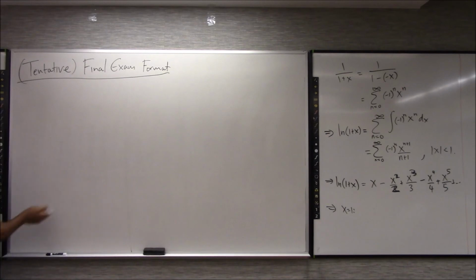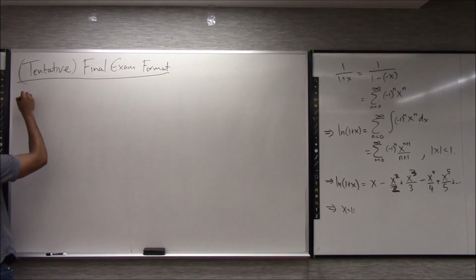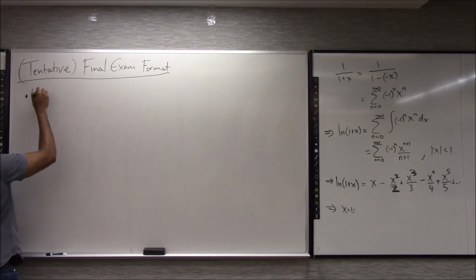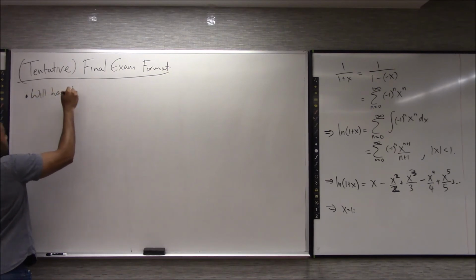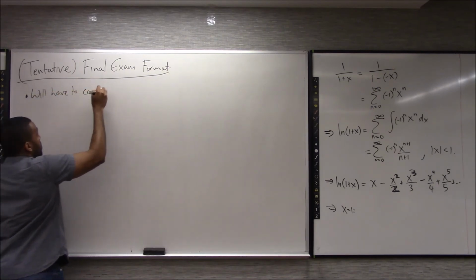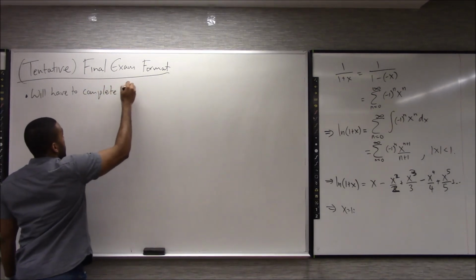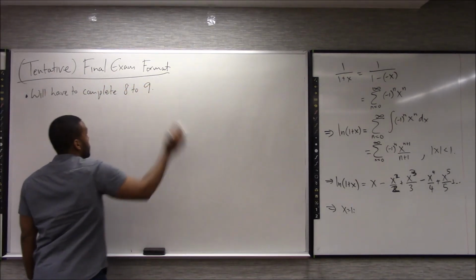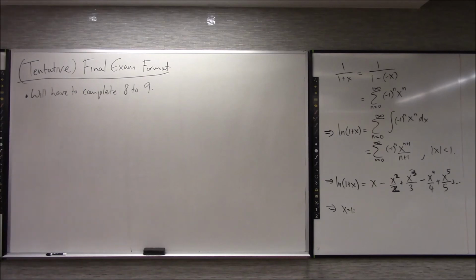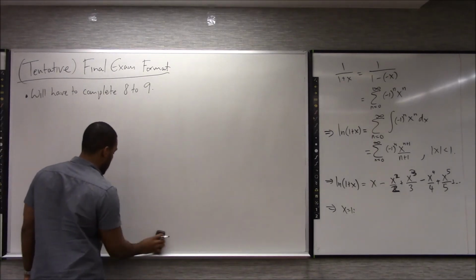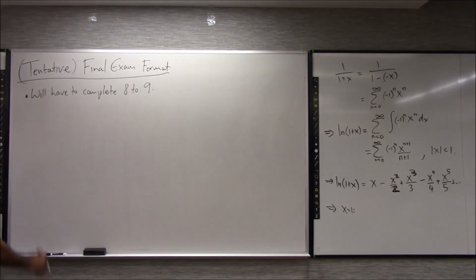So here's what you can expect. We'll have to complete 8 to 9 questions. I'm thinking 9, but if the problems are too tedious when I write them, I'll probably make you do 8.